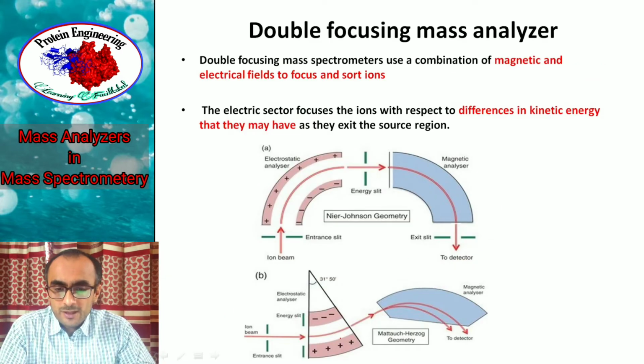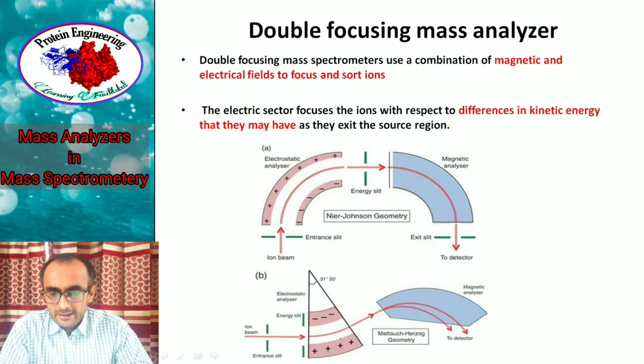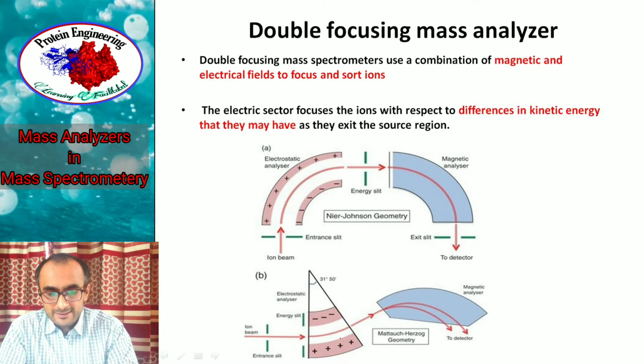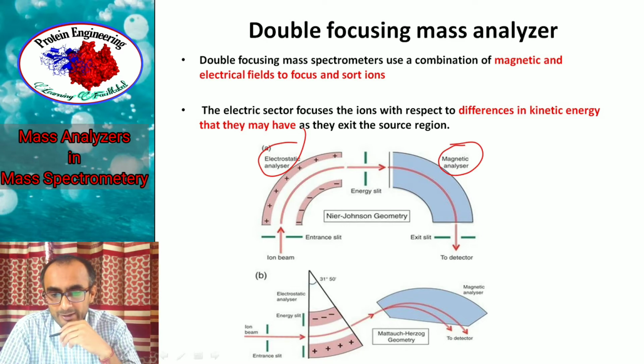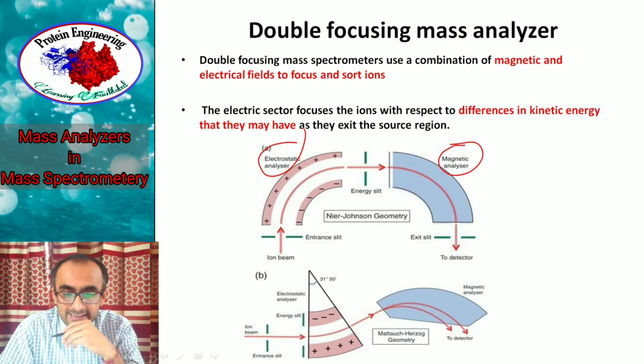Then you have double focusing mass analyzers, which are basically a combination of electrostatic analyzer and magnetic analyzer. Additionally here, the electric sector focuses ions with respect to differences in kinetic energy as they exit the source region.